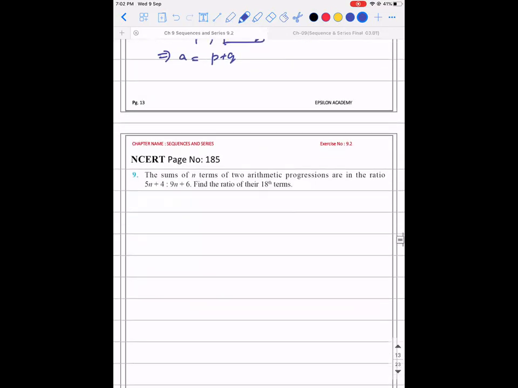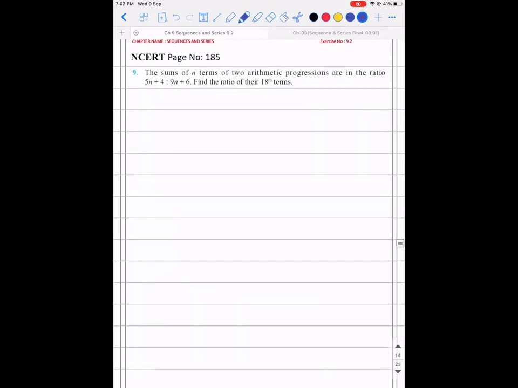So if you're done with this, do the next one. The sum of n terms of two arithmetic progressions are in the ratio 5n plus 4 is to 9n plus 6.